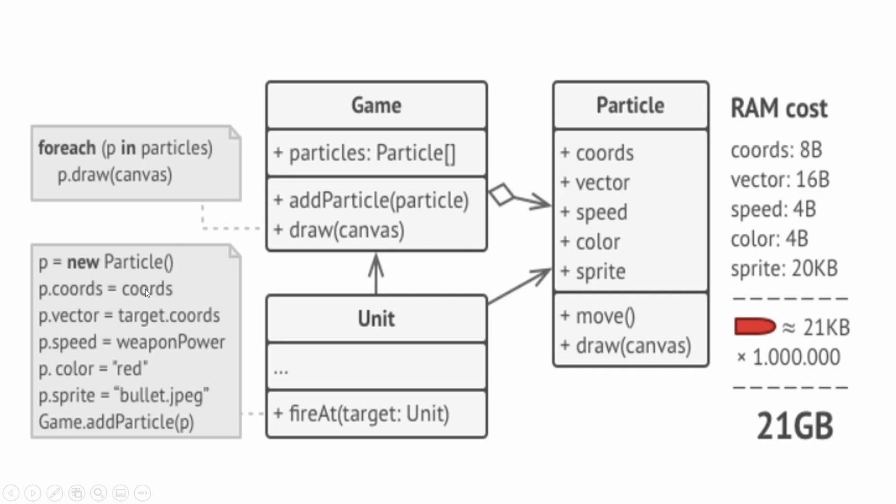This particle has some variable fields and some constant fields. Let's say bullets will be red in color for one player, and all the bullets will be in another color, let's say green, for the other player. Even then, you only require two kinds of colors for all the bullets in the game.